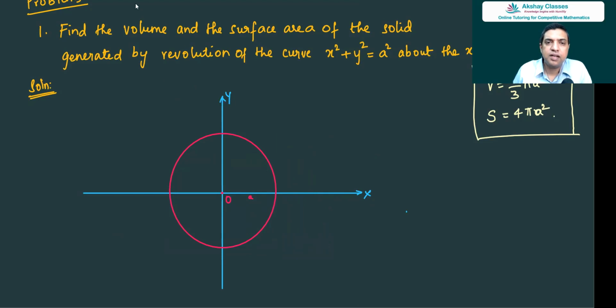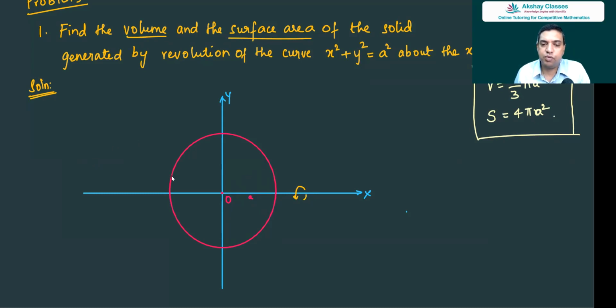Now, a very important point is that we are revolving about the x-axis like this. It keeps revolving about the x-axis and the circle, and a solid is generated. Now we want to find the volume and the surface area.